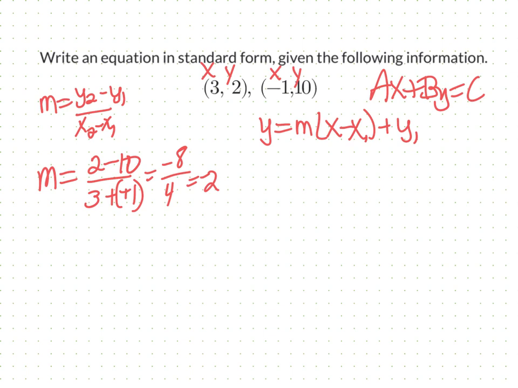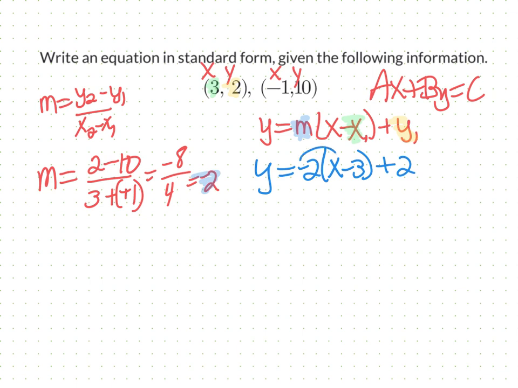Okay, so we have slope. It's going to go in slope. And I'm just going to pick this point. So this x is going to go in here. Okay, it doesn't matter which ones you pick. Just make sure they come from the same point. Alright. So now we have y equals negative 2 times (x minus 3) plus 2.